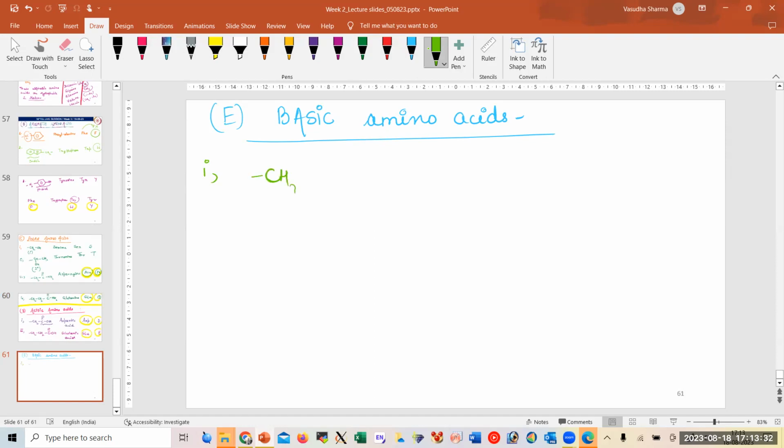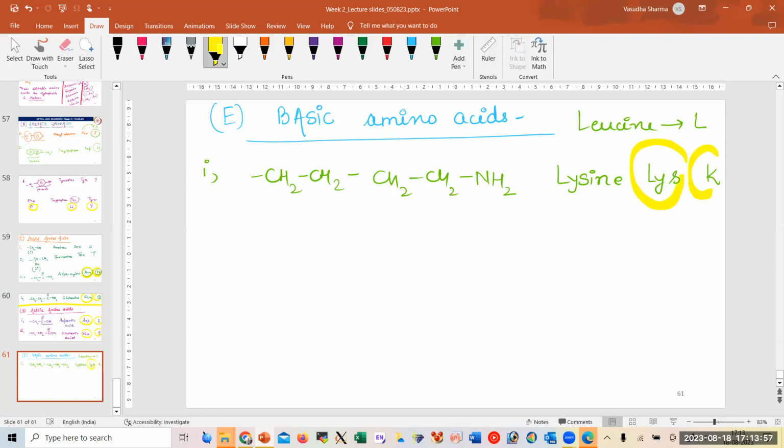So CH2, CH2, CH2, CH2, NH2, a 4 carbon chain, called lysine. Code is Lys and written as K, because leucine has already been given the code L. It can't be the same for another amino acid.